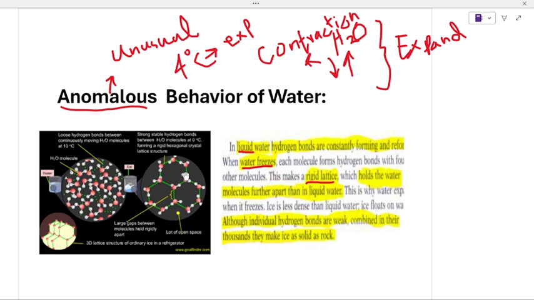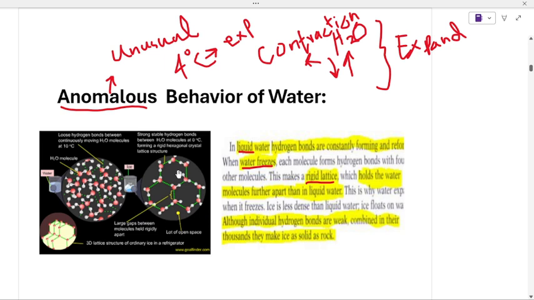Now we can see that the arrangement of water molecules makes spaces in the center. In this central region where the rigid lattice has formed, there is space inside it, and this space is made because of the arrangement of water molecules at 4 degrees centigrade and then at 0 degrees centigrade.